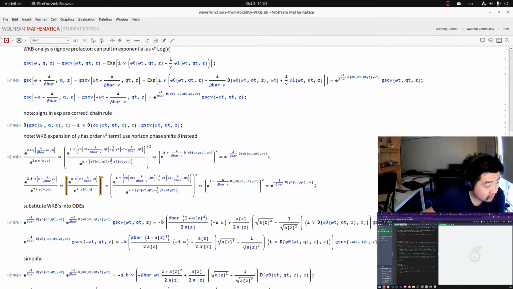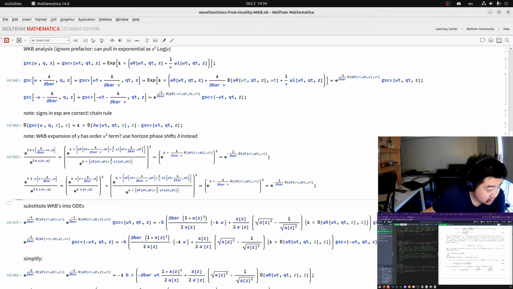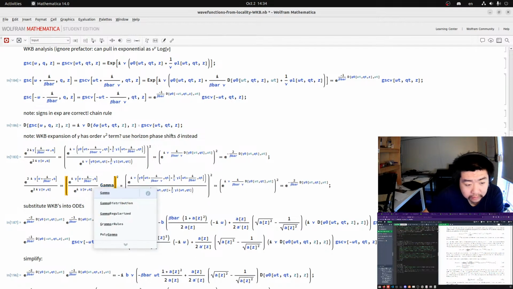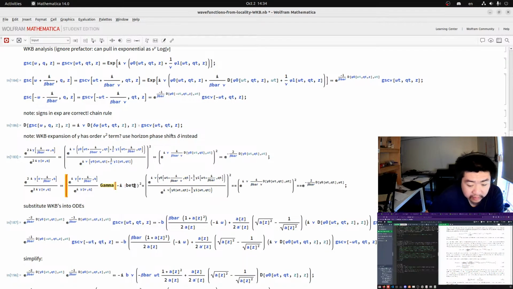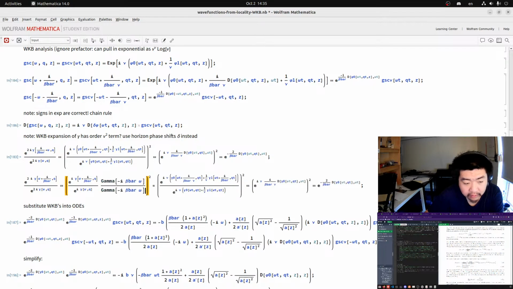And all the way at the top should be this relation, here we go. Gamma minus I beta bar omega over this thing.